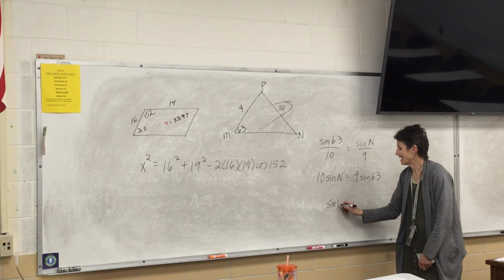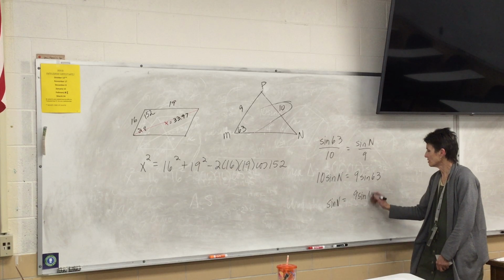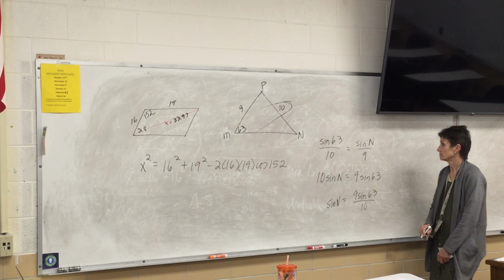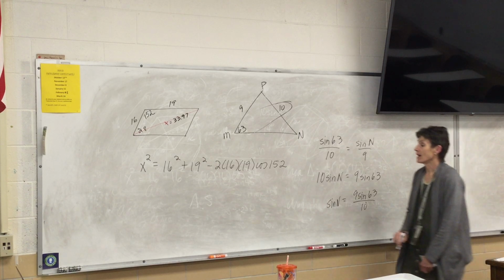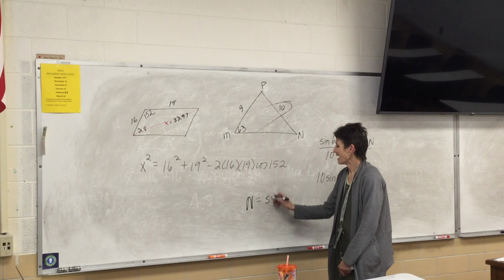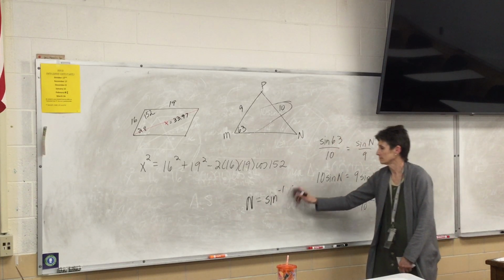So sine n equals 9 sine 63 over 10. So n equals the angle whose sine is that fraction.